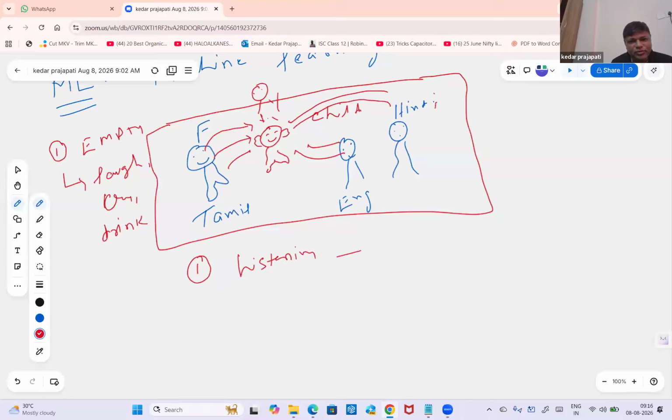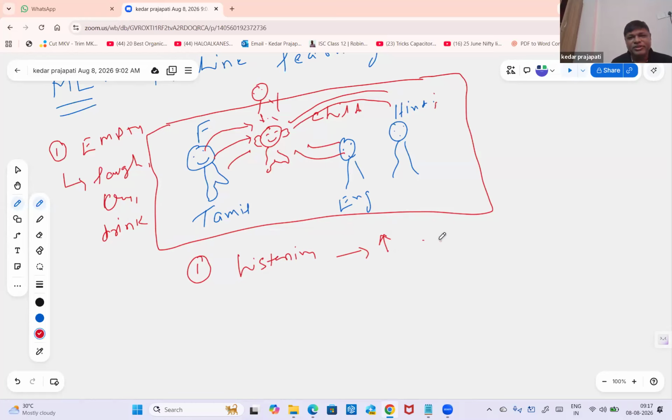And as the child grows, he keeps learning small words. First he will gather everything, maybe Tamil, English, Hindi, everything is going into his brain.